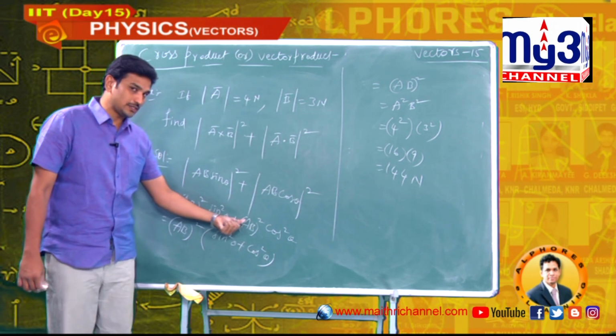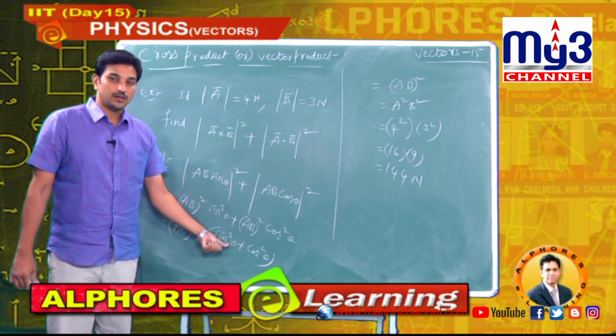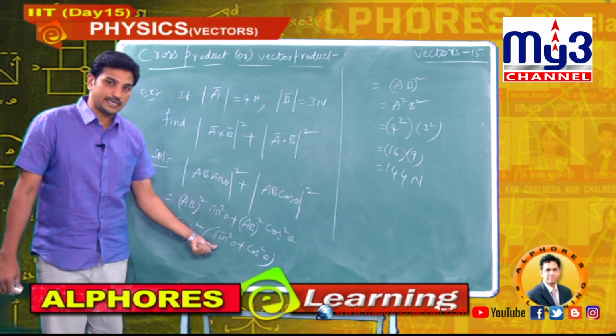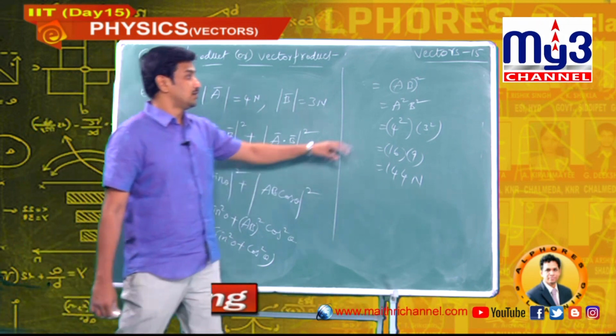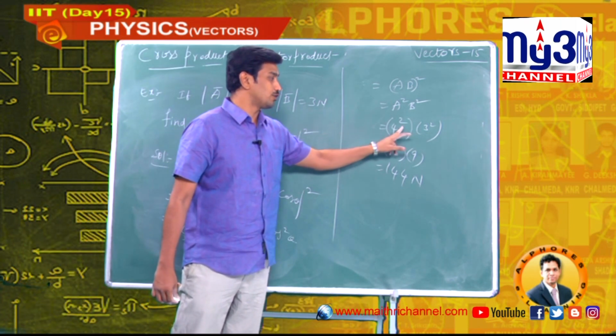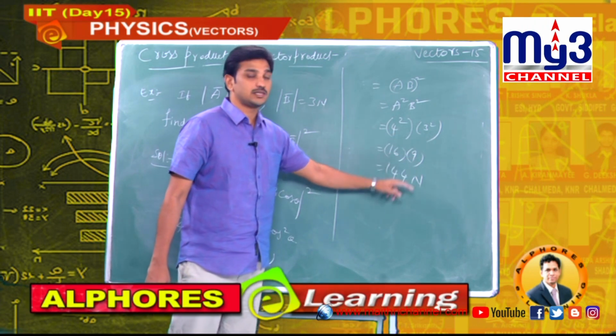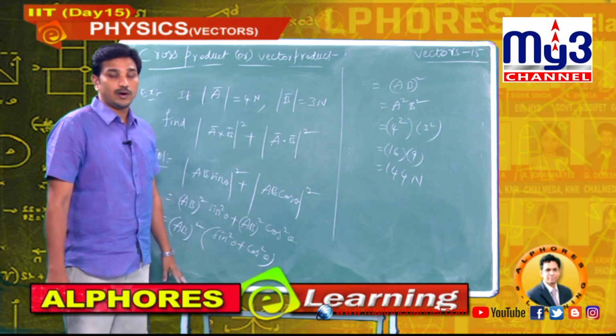First term, second term, AB whole square is common, sin square theta plus cos square theta. What is sin square theta plus cos square theta? Trigonometric identity rule, that is 1. Now left over here AB whole square, A square B square. A value given 4, B value given 3, 4 square is 16, 3 square is 9, 16 9s are 144 newtons. So I think you understood how I did this question.